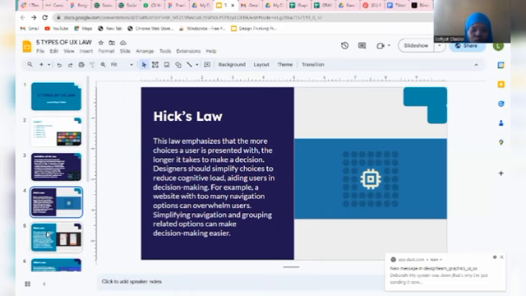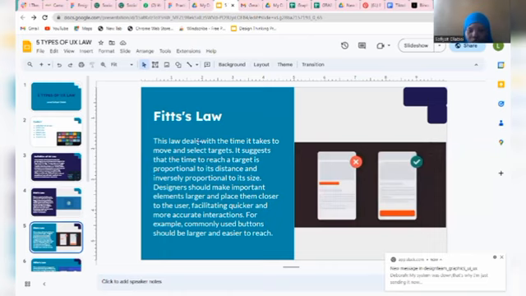So I'm moving on to Fitts's law. What does Fitts's law say? It deals with the time it takes to move to and select a target. Designers should make important elements larger and place them closer to the user. From this illustration, this is a button, but it is small.